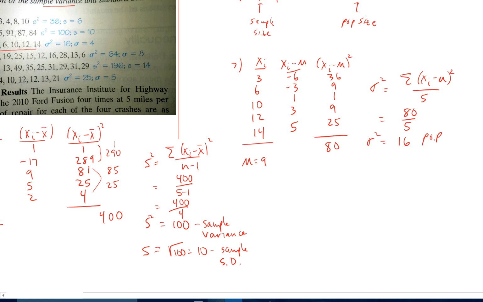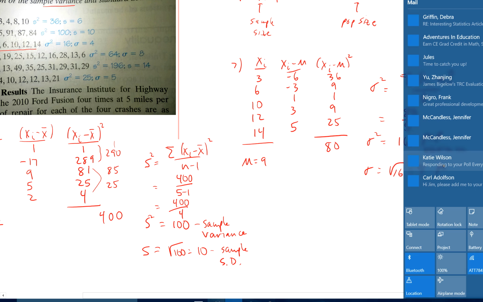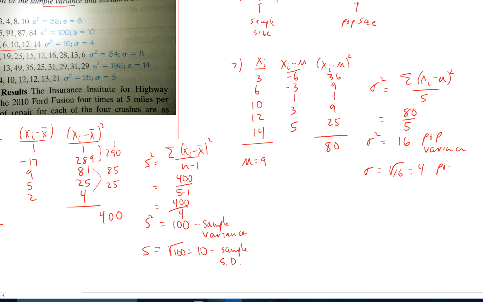This is the population variance. And then sigma, which would be the square root of 16, which is 4, is the population standard deviation. Okay, so there you go, sample and population.